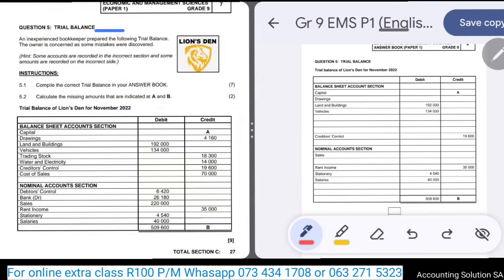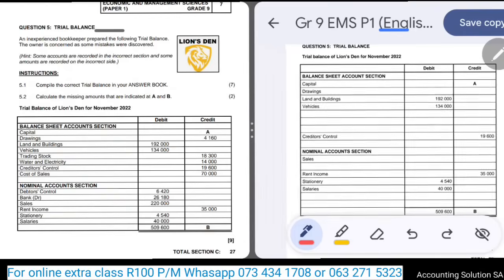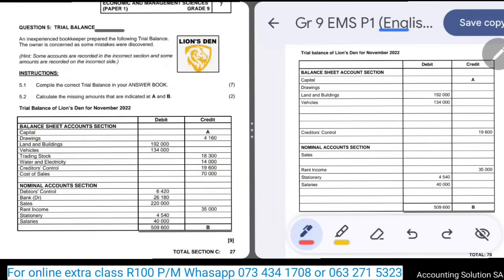Now let's check this one. They say compile the correct trial balance in your answer book. Calculate the missing amounts that are indicated by A and B. Guys, what happened here is that the trial balance that they gave us was done incorrectly, and some of the things were written on the wrong side.